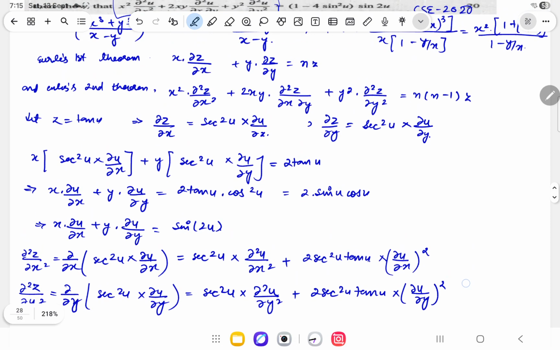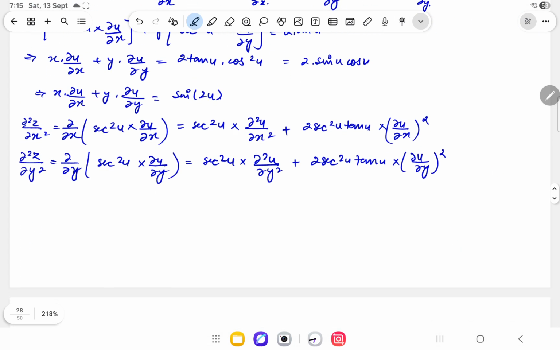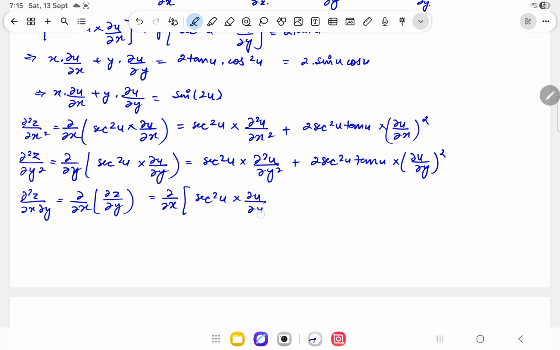Also in Euler's theorem we will need del square z by del x del y. So del square z by del x del y will be equal to del by del x into del z by del y. So this is equal to del by del x into sec square u into del u by del y.